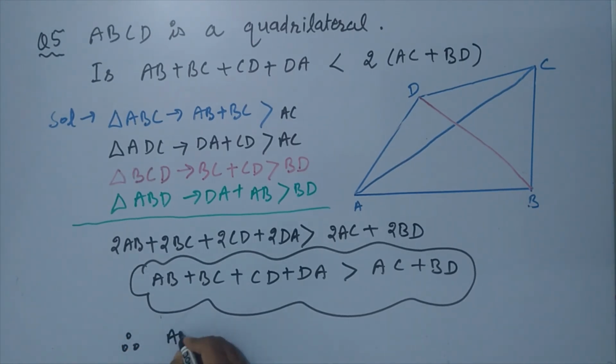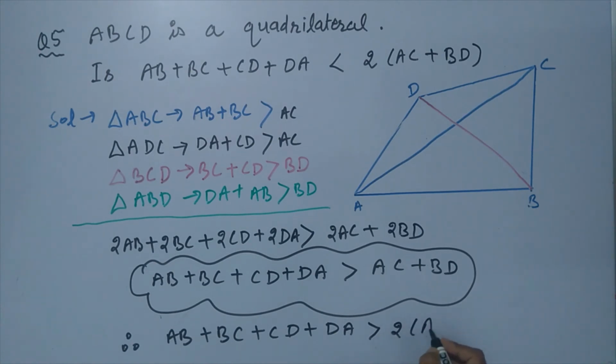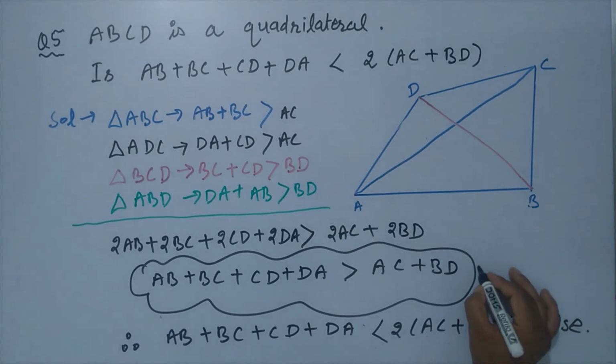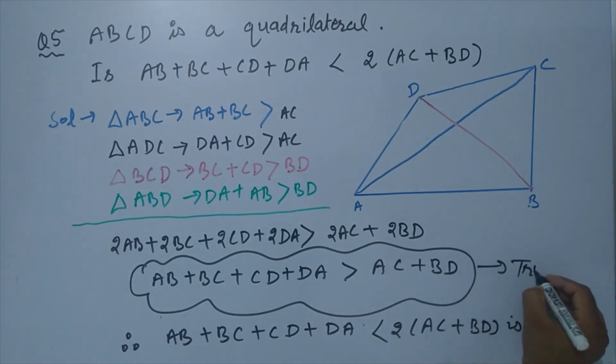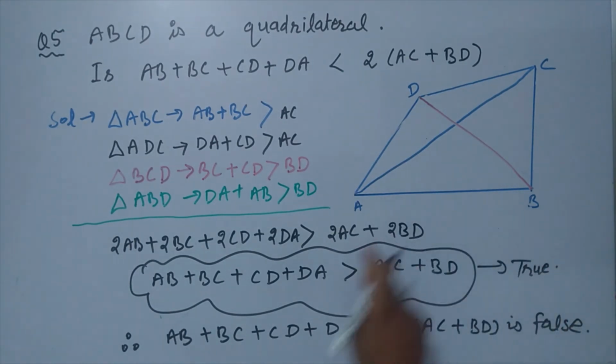Therefore the statement that AB plus BC plus CD plus DA is less than 2 times AC plus BD is false. This was true in question number 4, but in question number 5 this is false.